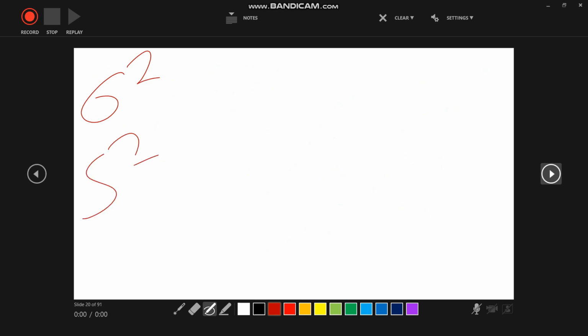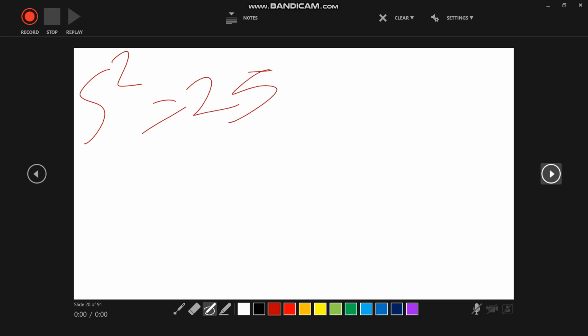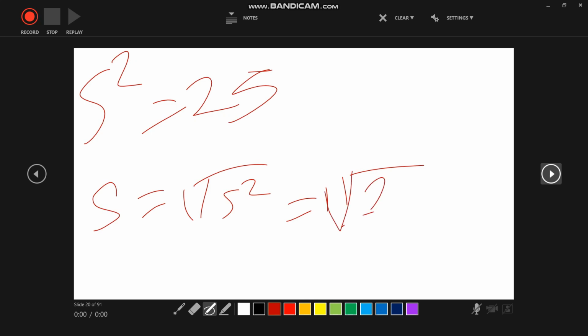So for this question, our variance, which is s squared, is 25. Now standard deviation is s, and you know standard deviation is the square root of variance. So this will be the square root of 25, and this will be 5. So our standard deviation is 5, and our variance is 25.